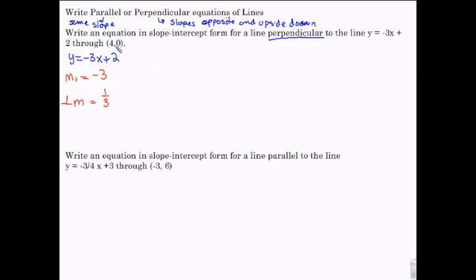And we need to put it through the point 4, 0. So we do this usually algebraically. Y is 0, m is 1/3, x is 4, and I find b.